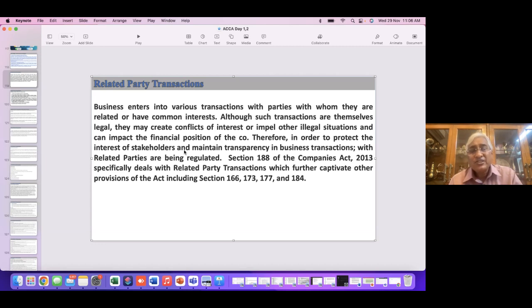If you go back to these sections, they are typically related to governance. I have mentioned in the course of this session some time back that governance is the core or the heart. So how to protect that?